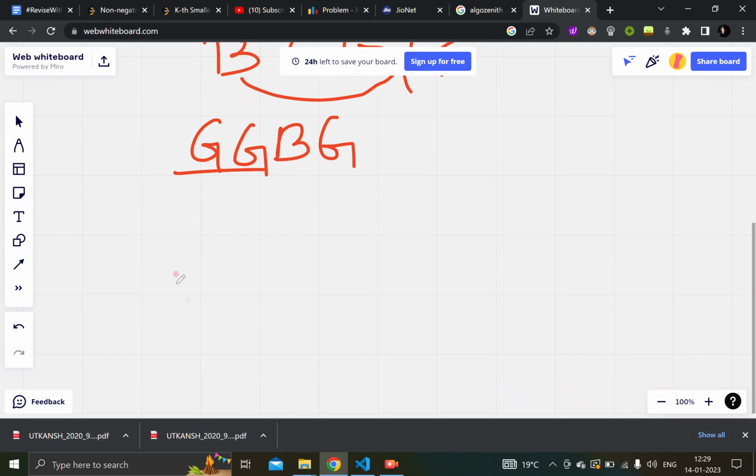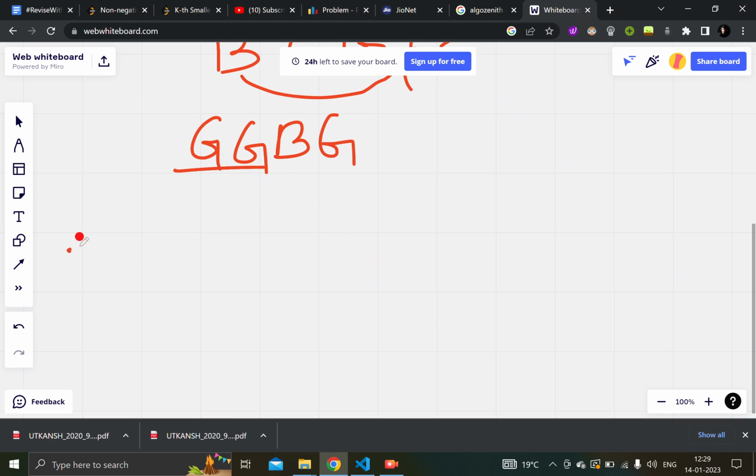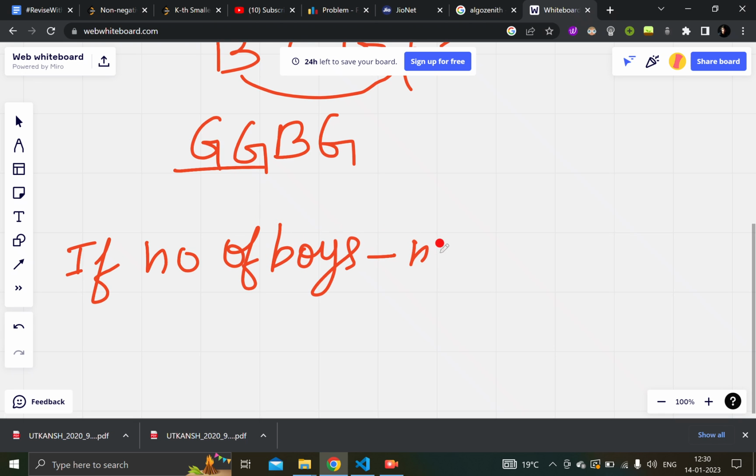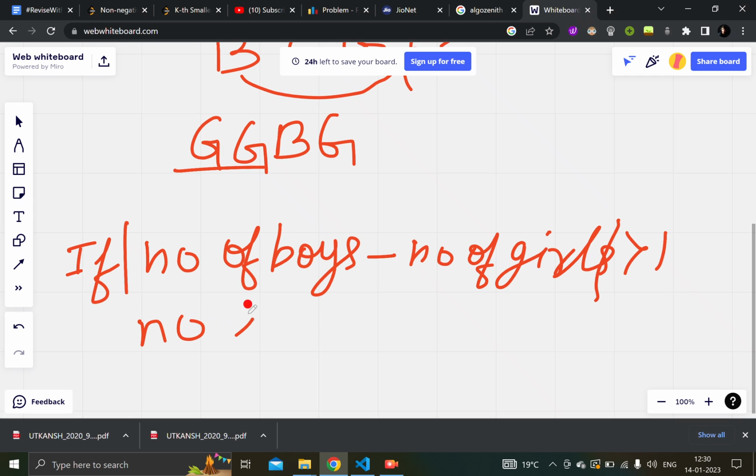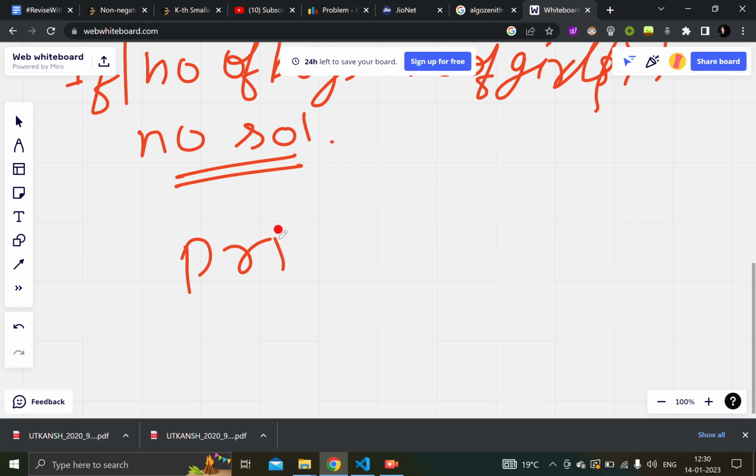So what conclusion can we make? If the number of boys minus the number of girls, the mod of these two things, is greater than 1, then no solution will exist, and we have to print minus 1 as the answer.